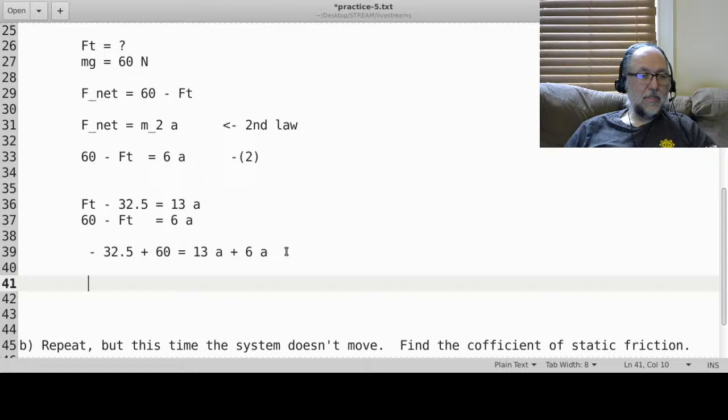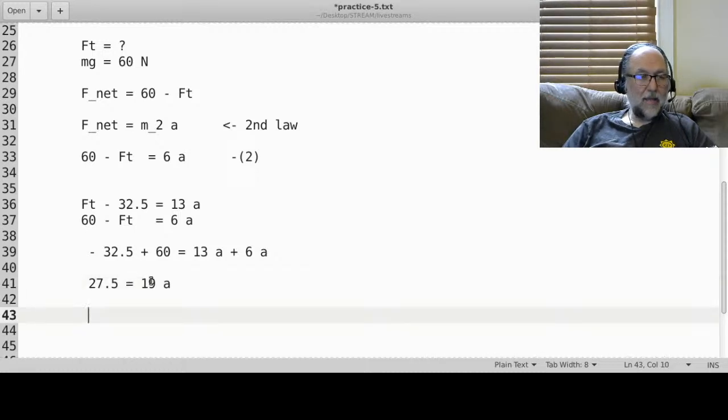On the other side you get 19, so it's 27.5 divided by 19. When you subtract the two, you get 27.5, and that equals 19 times a. When you divide, you get 1.44 meters per second squared.